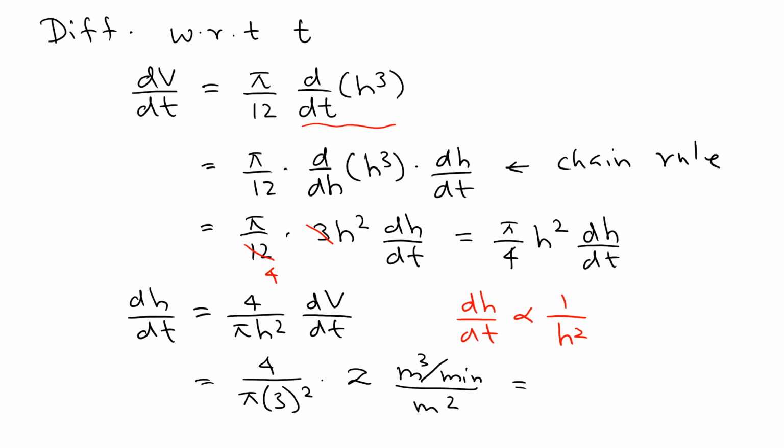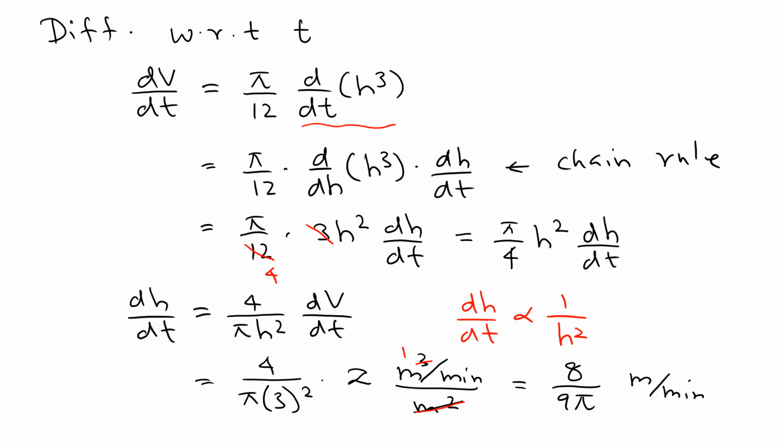If you simplify, the squared cancels with one of the meters, so you get only one meter, and the number you get is 8 over 9 pi. That's the exact value, in meters per minute at that time.